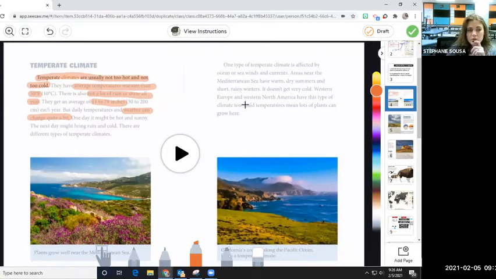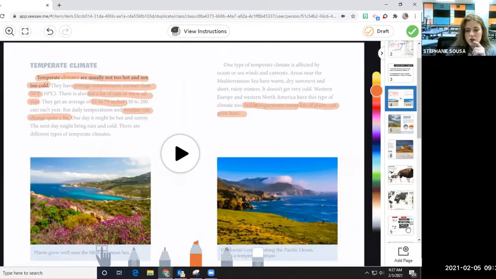Mild, ooh, there's a word, mild. Temperatures mean lots of plants can grow here. Ooh, that's vegetation. Lots of plants can grow here because of that mild temperature. So that last sentence on slide 4, mild temperature means lots of plants can grow here. Okay.